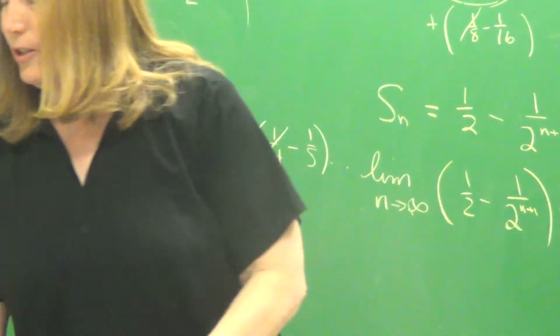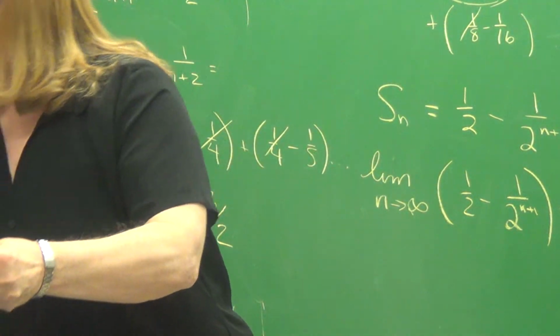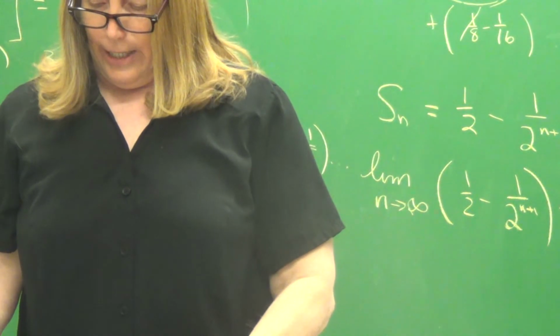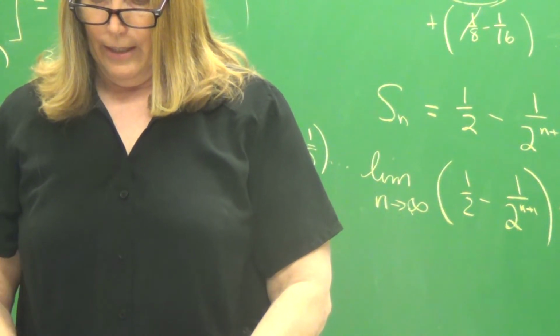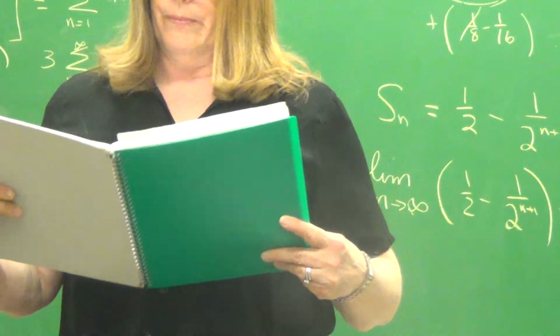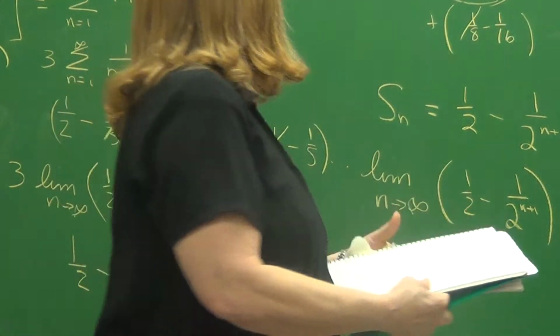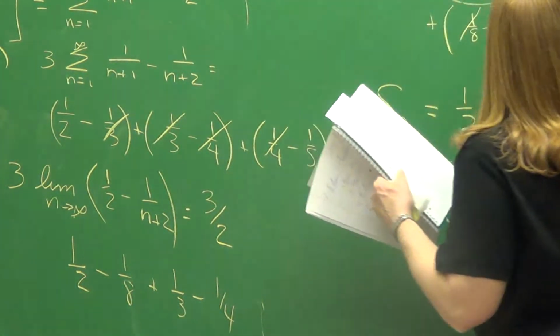All right, so let's try some of these. And that'll be your assignment and your classwork. So let's do 5 of them. 9.2b, we're going to be on 9.2 for a while.